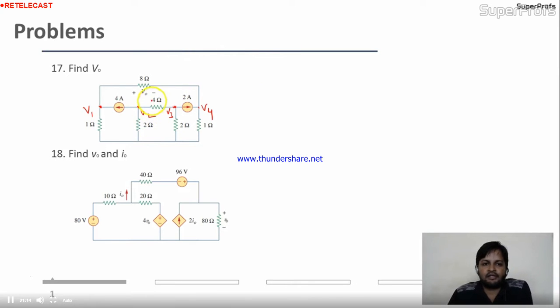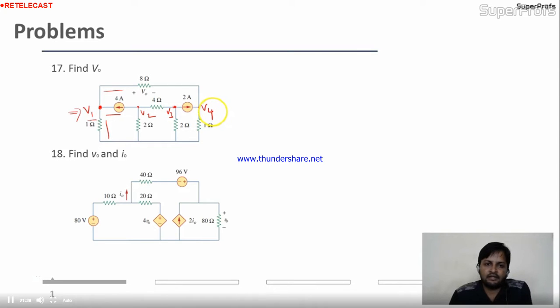But if you clearly observe this, if we apply node analysis at V1, we get 3 branches: 1, 2, 3. From one branch there is no variable, directly we get the current. So in this equation we get 2 variables, V1 and V4.